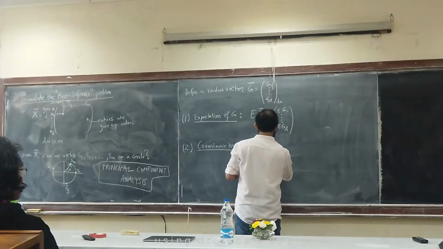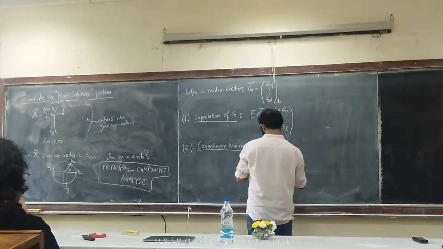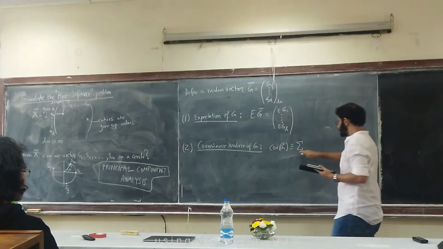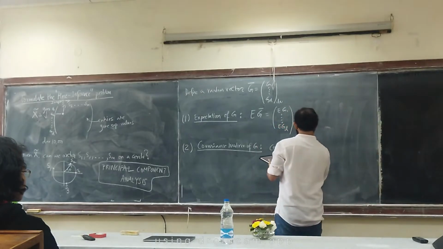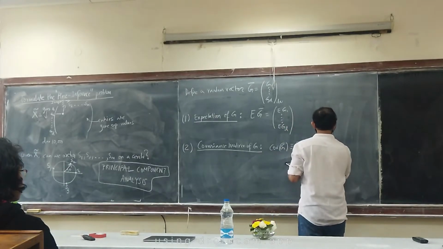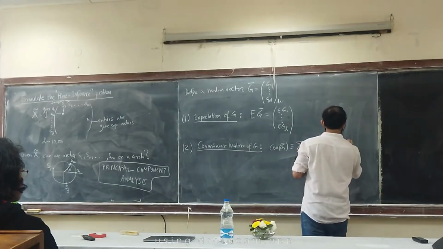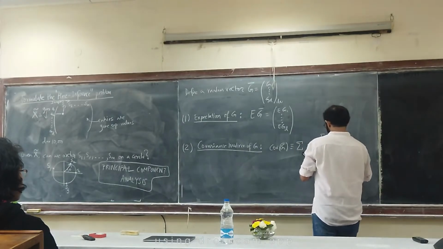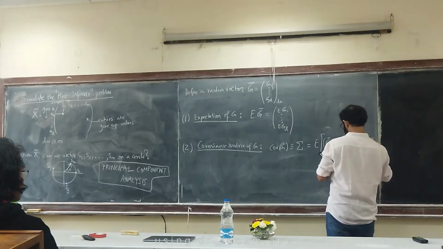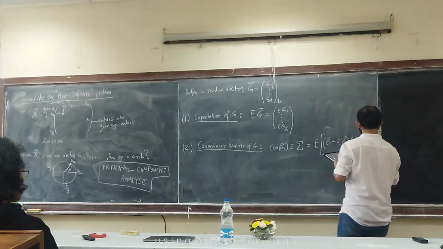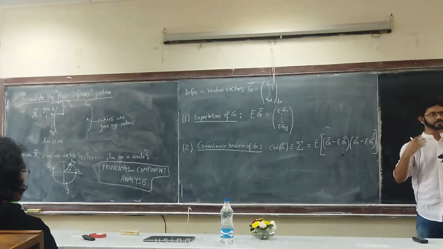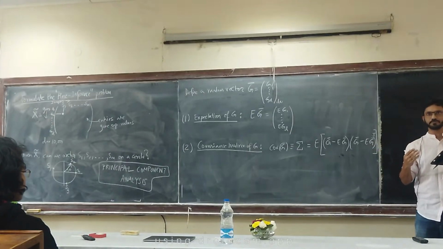So I'll write down the definition of this. The covariance of G, which I will call with this capital sigma, is simply defined as the expectation of G minus EG, times G minus EG transpose. See the similarity with the standard variance that you are all familiar with.